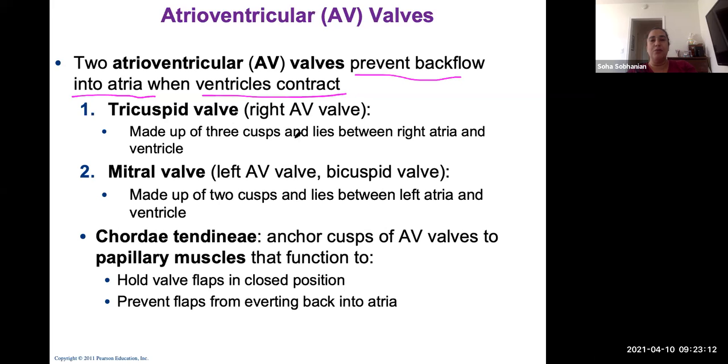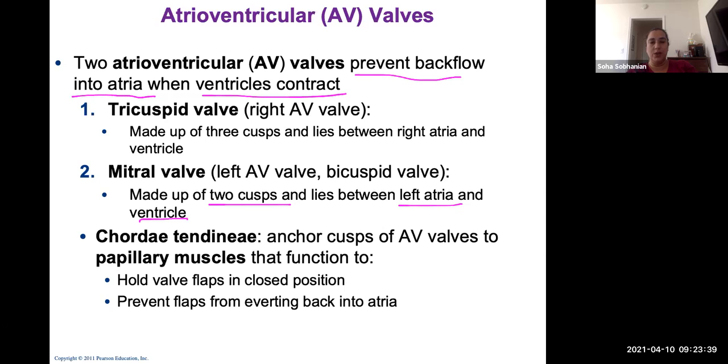It is made up of 3 cusps and lies between the right atrium and the right ventricle. The mitral valve, or left AV valve, or bicuspid valve, is made up of only 2 flaps, hence the word bicuspid, and it's between the left atrium and left ventricle.